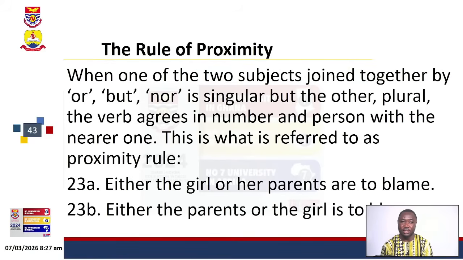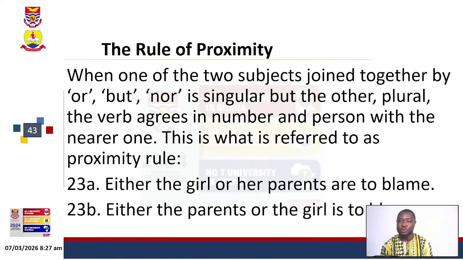When one of the two subjects joined together by or, but, or nor is singular, but the other is plural, the verb agrees in number and person with the nearer one. Now listen again.